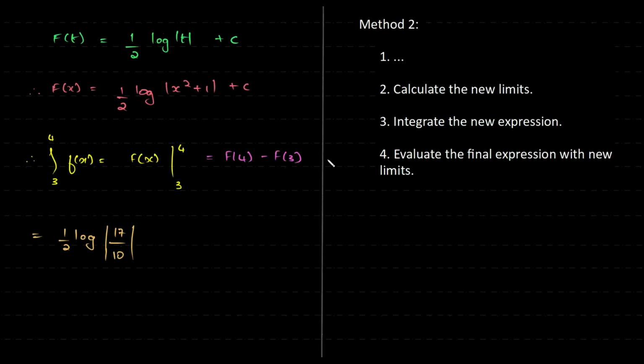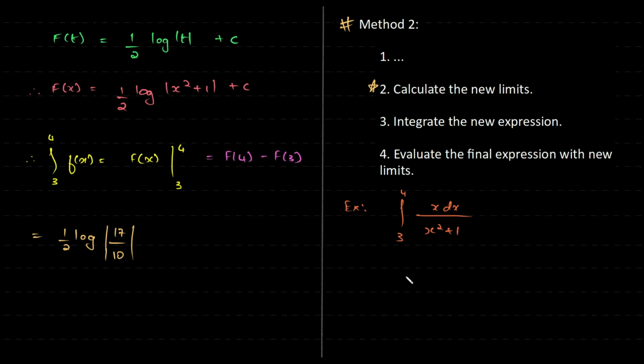Now, we can do the same set of calculation. We'll make the substitution, calculate the new limits. This is a new thing. What does that mean? So in this example, we had from 3 to 4 and we had x dx by x squared plus 1. So substitution and all of that we do, right?